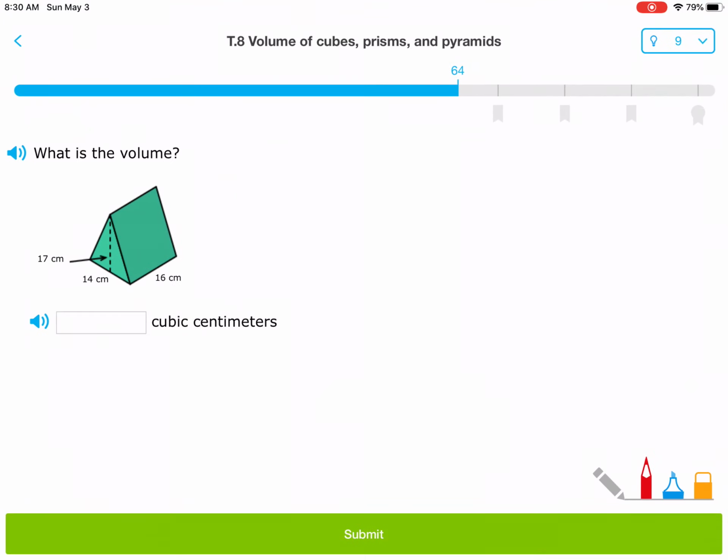All right, so this formula is volume equals the area of the base times the height. Okay, so volume equals the area of this base is a triangle because there's 2 of them. There's one back here as well. So this is called a triangular prism.